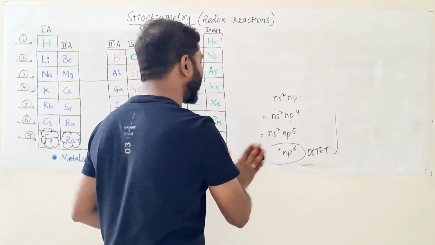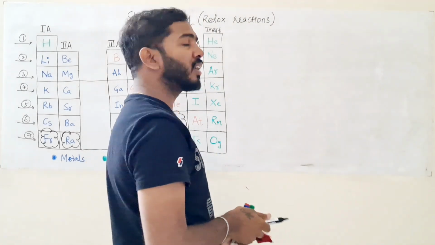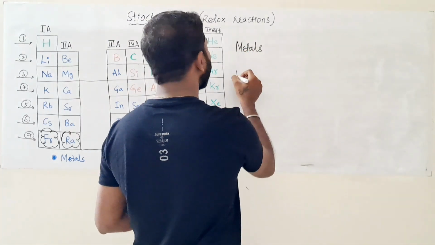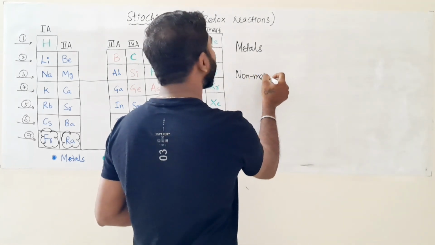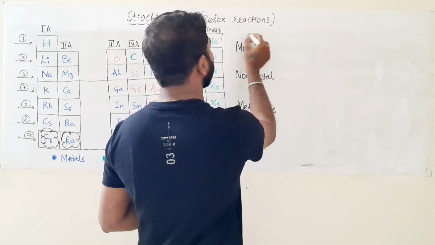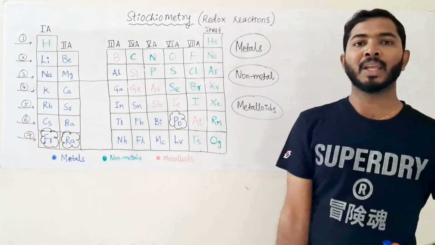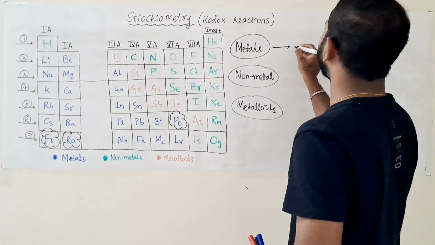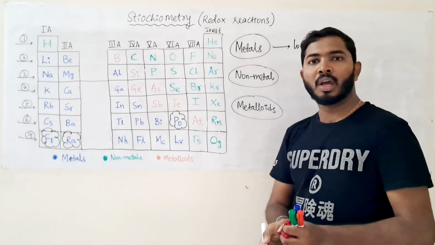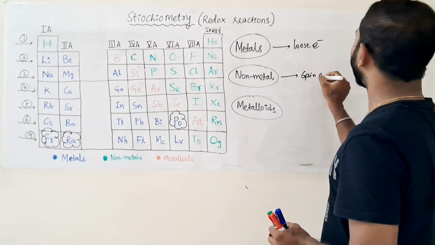We actually have 3 types of elements. Generally, elements are classified into 3 types. They are metals, non-metals, and metalloids. Yes. And now what does it mean? What type of nature are metals, non-metals and metalloids going to show? Metals generally have a tendency to lose electrons, and non-metals will have a tendency to gain electrons.